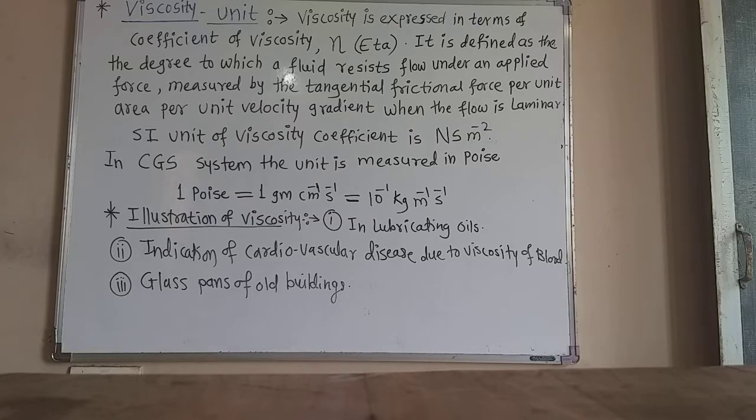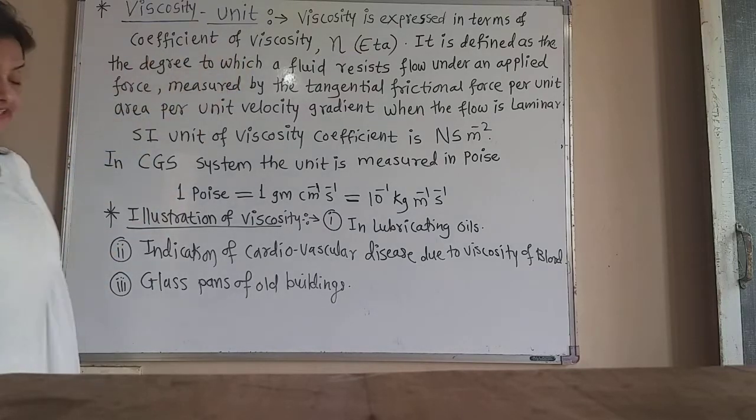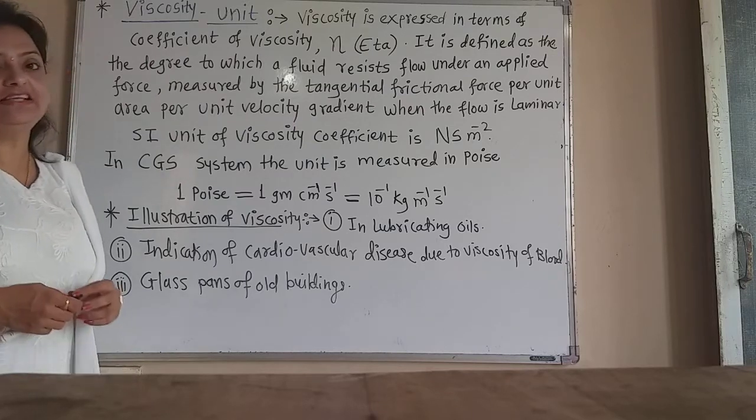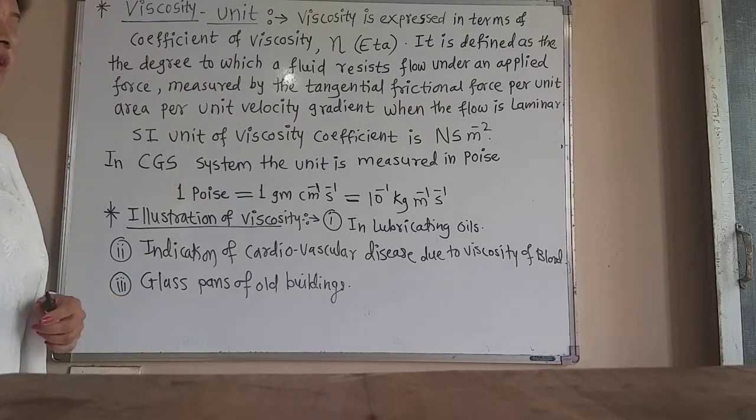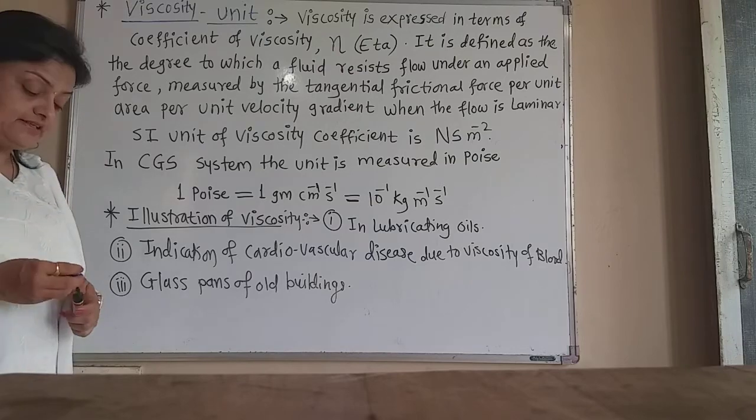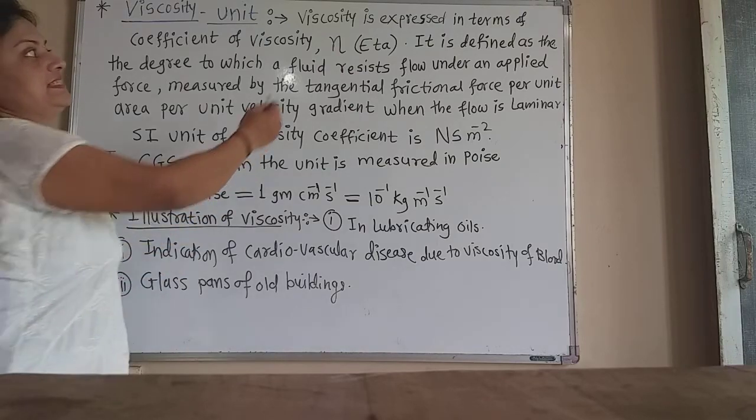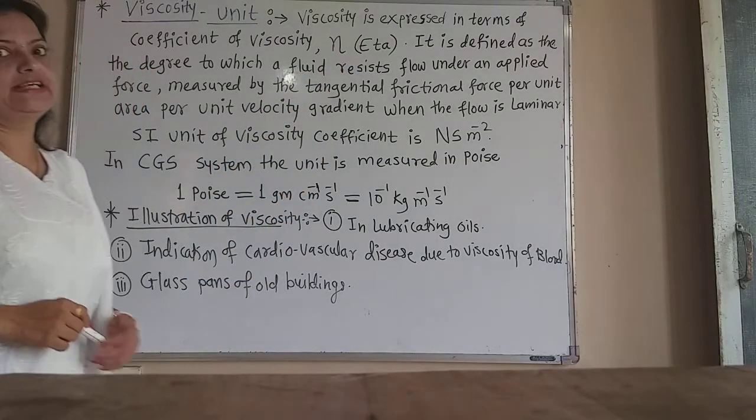Now viscosity is expressed in terms of the coefficient of viscosity. Viscosity is always expressed in terms of the coefficient of viscosity, and it is denoted by eta. This is the sign which is called eta.